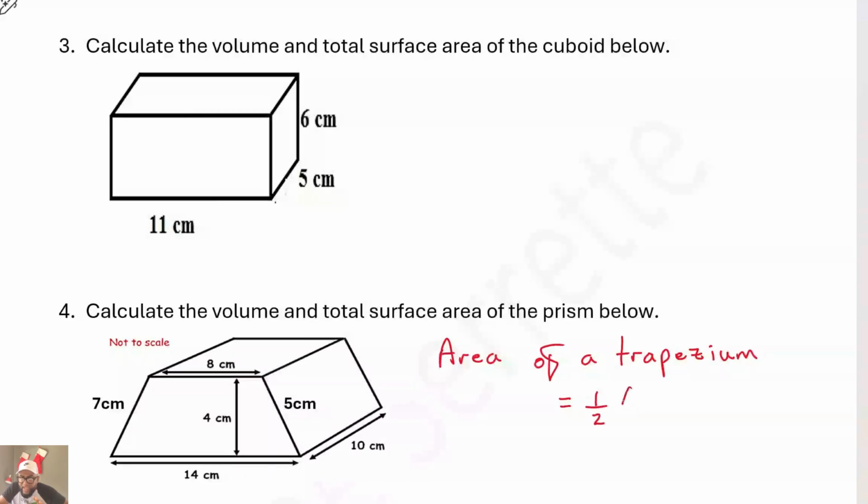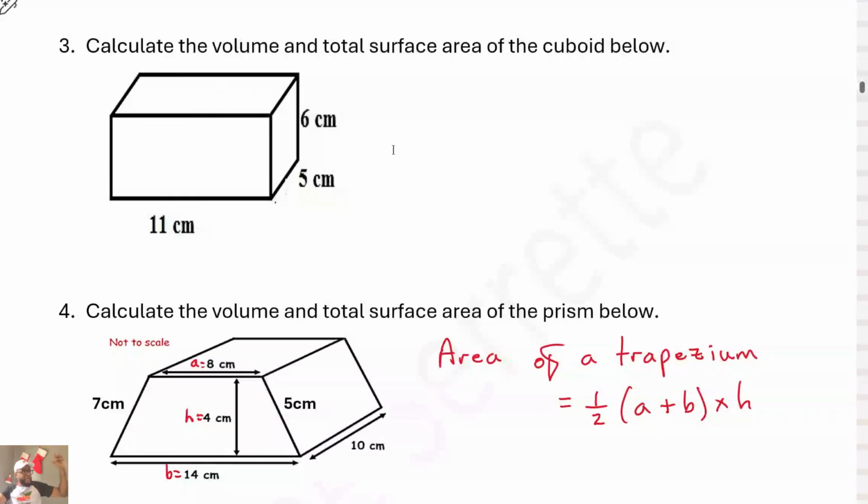So that'll be a half of A plus B multiplied by the height, all right? A trapezium has 2 parallel lines, right? In front here, this is a trapezium. So A would be 8 and B would be 14. And your height is the distance from one parallel line to the next. Your height is equal to 4, right?